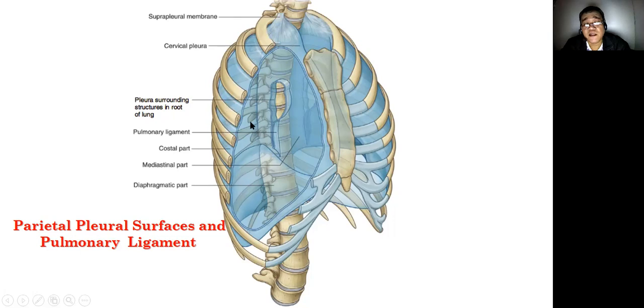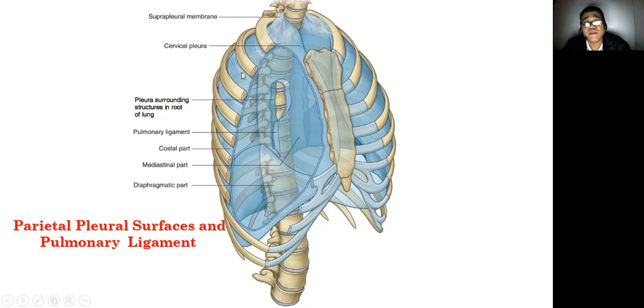The part of the pleura that dips and reflects over the diaphragm is known as the diaphragmatic surface. The one that lines the lateral border of the mediastinum is known as the mediastinal surface.